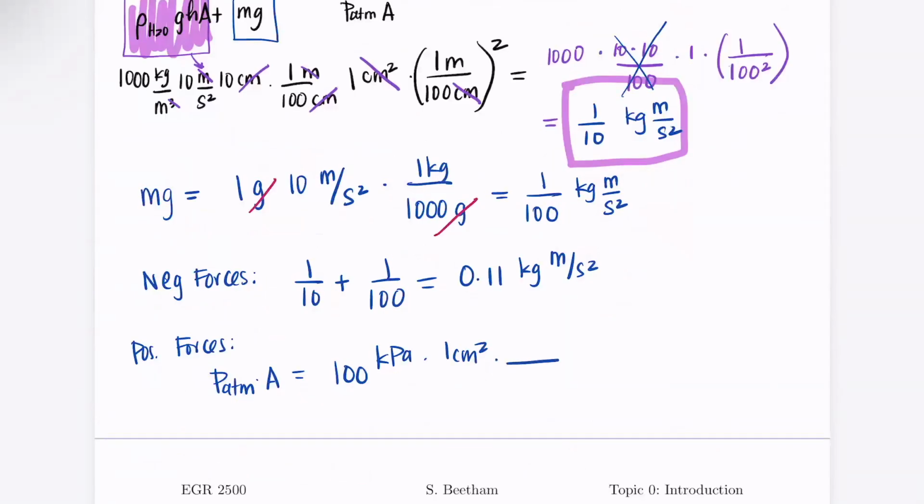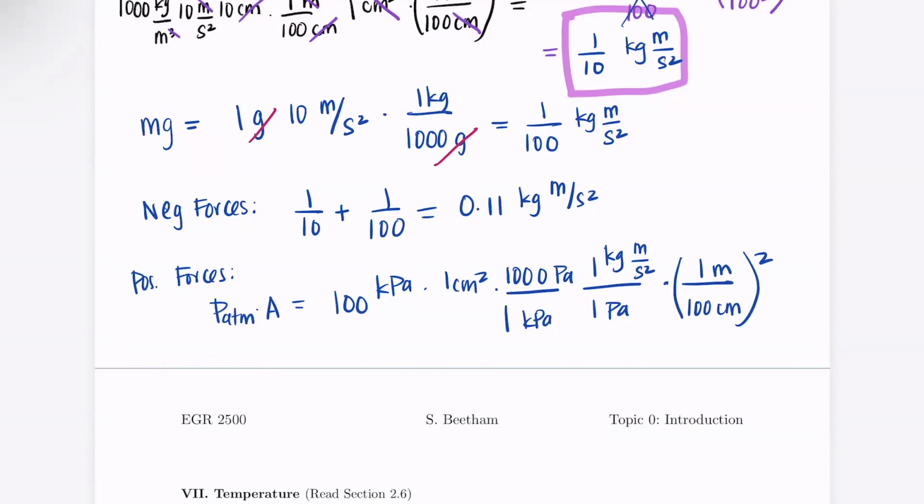So first, 1 kPa is 1,000 pascals, right? And 1 pascal is 1 kilogram meter per second squared, right? And then we need to convert our 100 centimeters per meter squared.